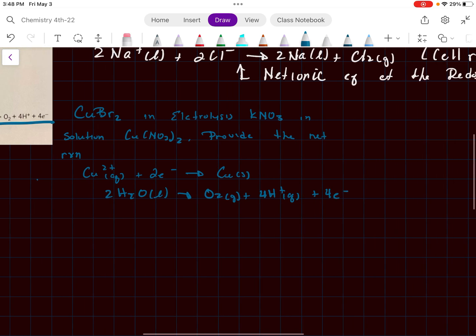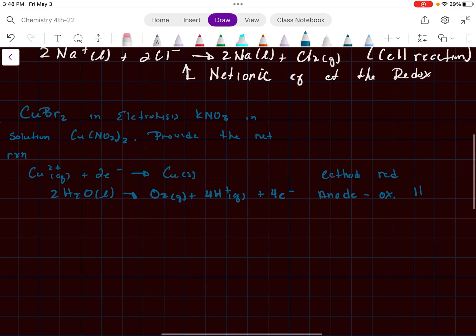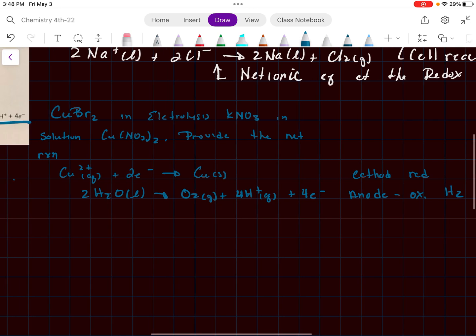So here we have it. On one side we have the cathode, which is undergoing reduction. Then we have the anode. This is the oxidation of water. So what do we do? Well, we have to balance the electrons.